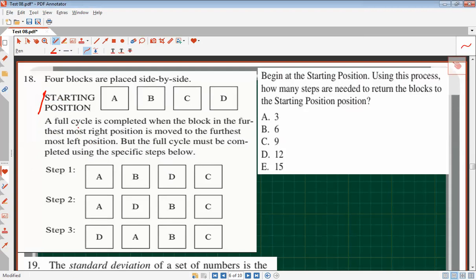A full cycle is completed when the block in the furthest most right position is moved to the furthest left position. A full cycle has 3 steps, using the specific steps below: 1, 2, 3.